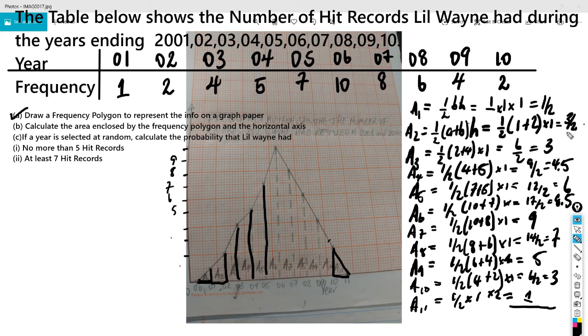And then 47 plus 3 over 2 would give us 48.5 plus a half. So the total would be 49, right? And that's 49 hit records, right?